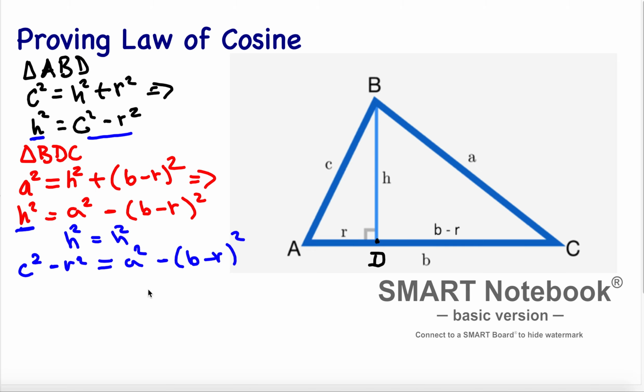squared. And now let me distribute inside. Let me use the binomial formula. Let me write here: c squared minus r squared is equal to a squared minus. But inside here, let me take everything here: b squared, here is a minus, so the sign is going to be minus.